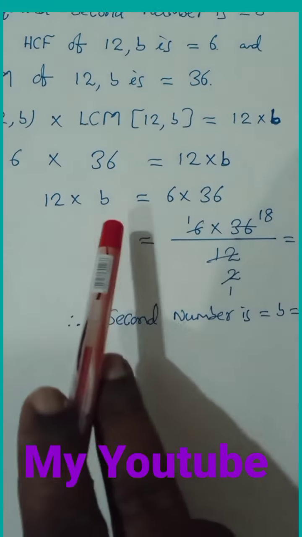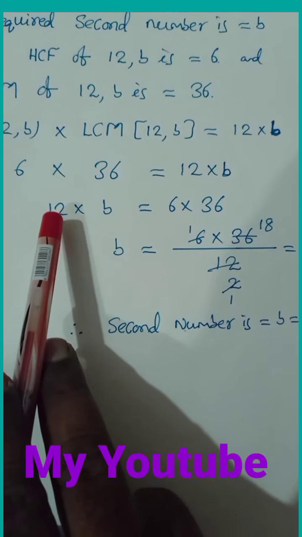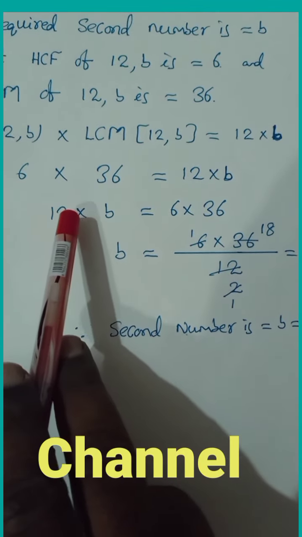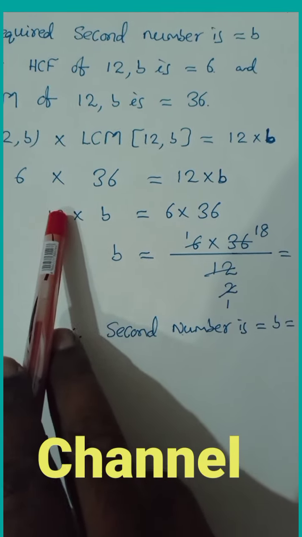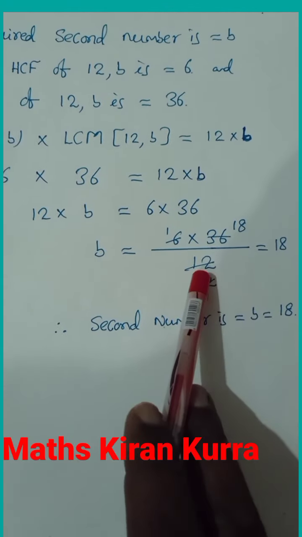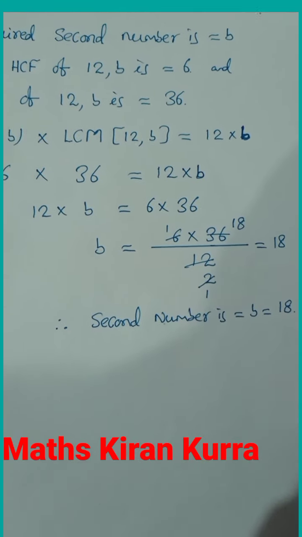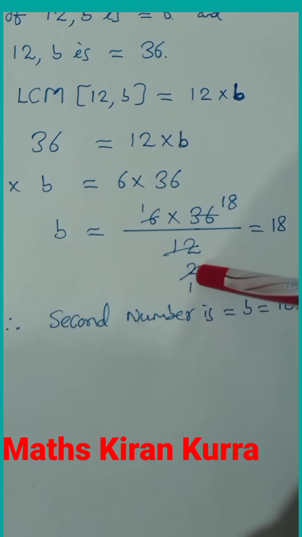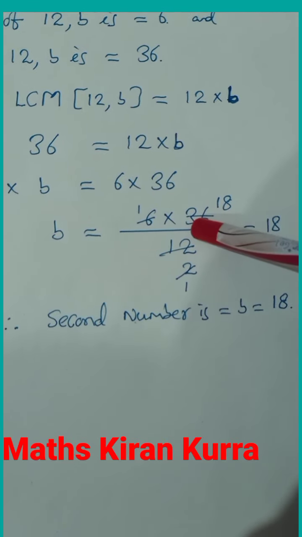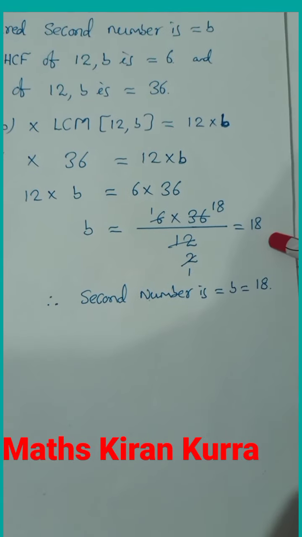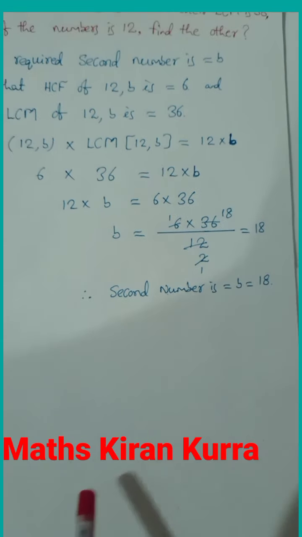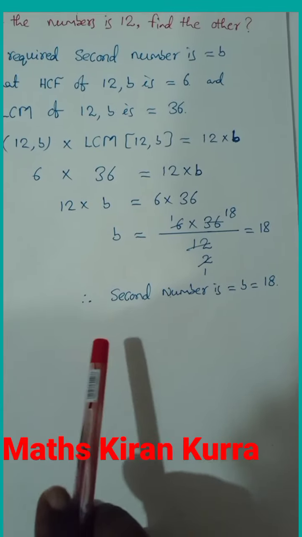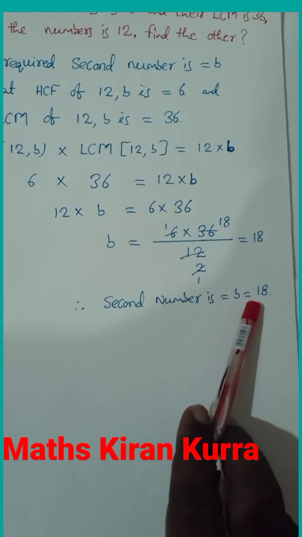Then b is equal to 6 into 36 divided by 12, since 12 is multiplied on the left side and changes to division on the right side. So 6 ones are 6, 6 twos are 12, 2 ones are 2, 18 twos are 36. So finally b is equal to 18. Now the required second number b is equal to 18.